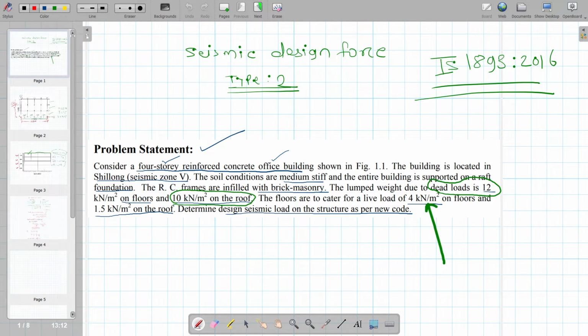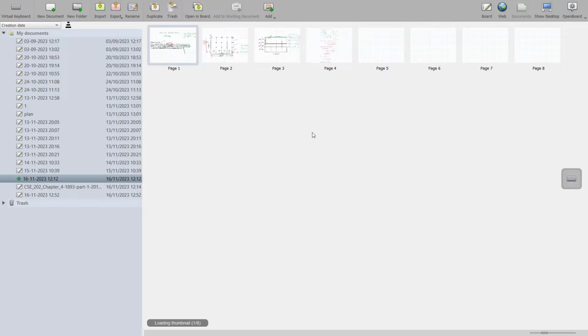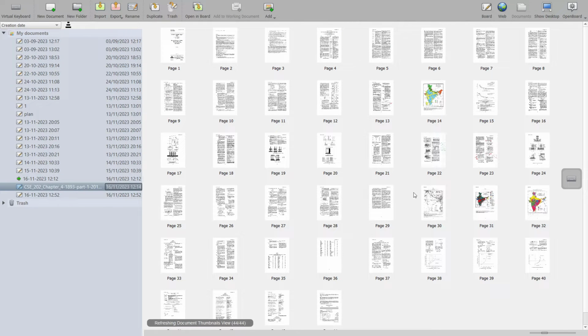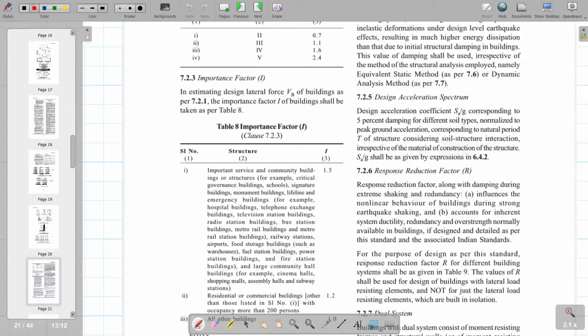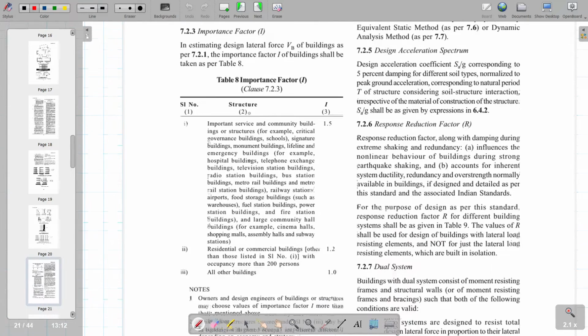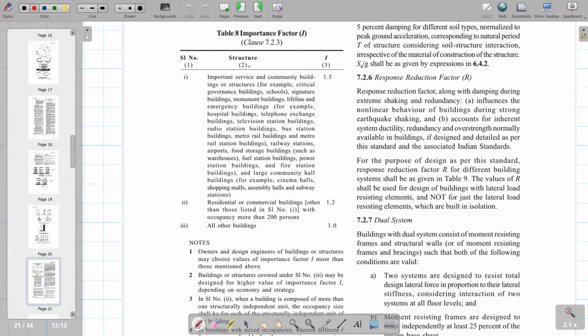So it is an office building. So importance factor for the office building we have to see. Okay, so importance factor: if our building is a school building, government office building, or lifeline structure, then the importance factor is 1.5.